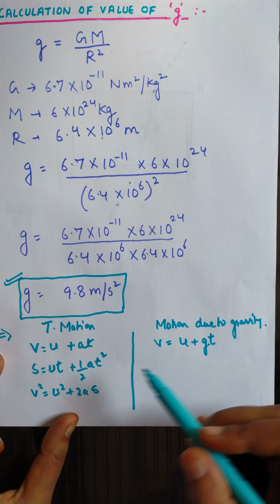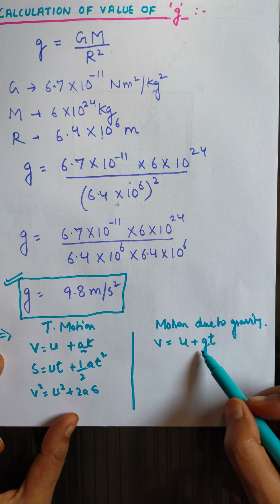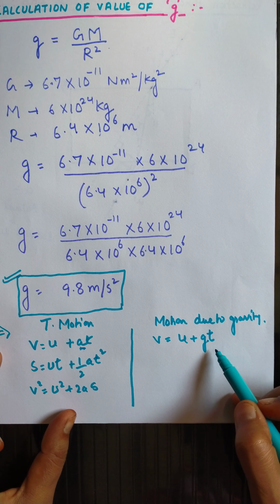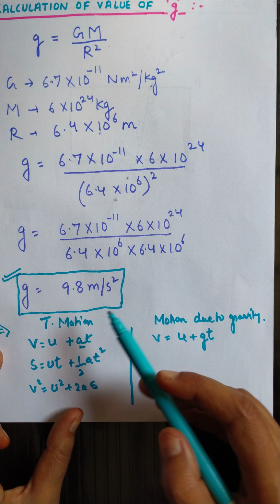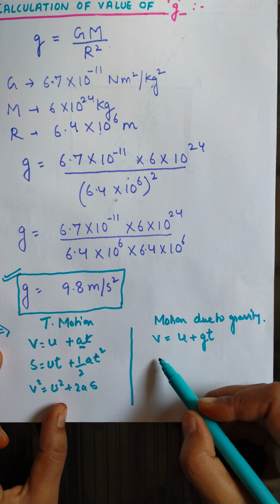Here, instead of simple acceleration, we have to use the gravitational acceleration, and the value of g will always be 9.8.